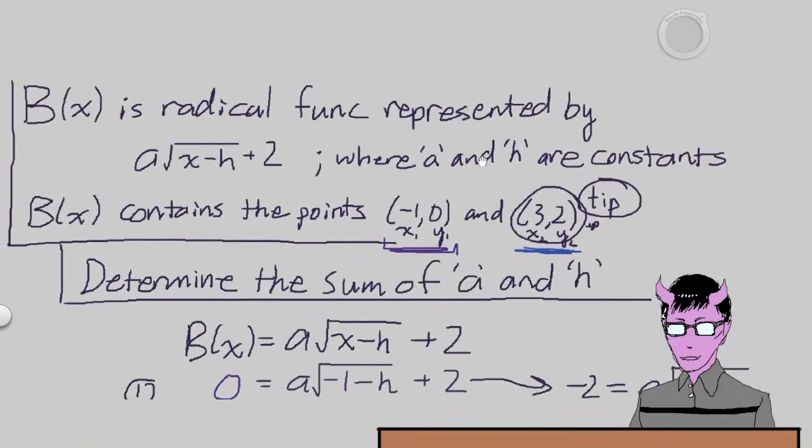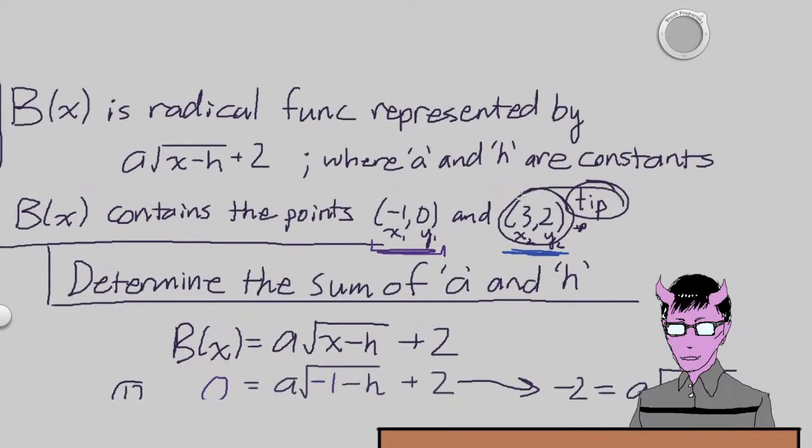But let me confirm my suspicion. Again, I think this is going to be the tip of the radical function, because we know this is going to be some sort of square root function. So it's like this, or it could be like that, or it could be like that, or it could be like that. So there are only 4 main motifs we can possibly get with this type of function.